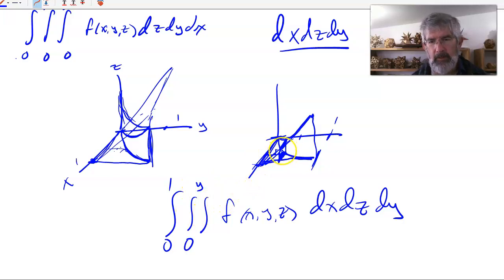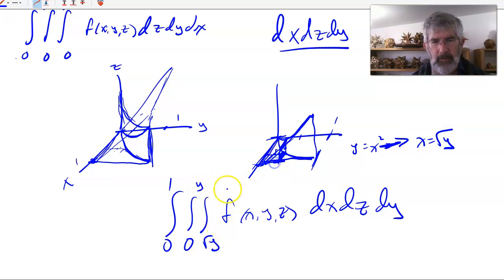And then what does x do? Well, x is at its lowest point on the curve y equals x squared, so convert that into x equals the square root of y. So the lowest point is the square root of y, and the highest point here is 1.